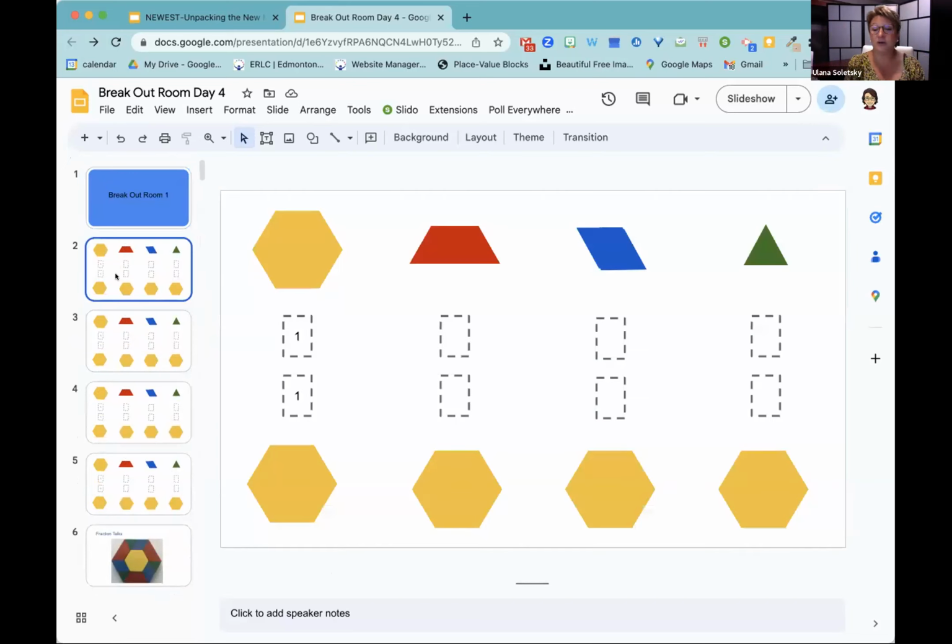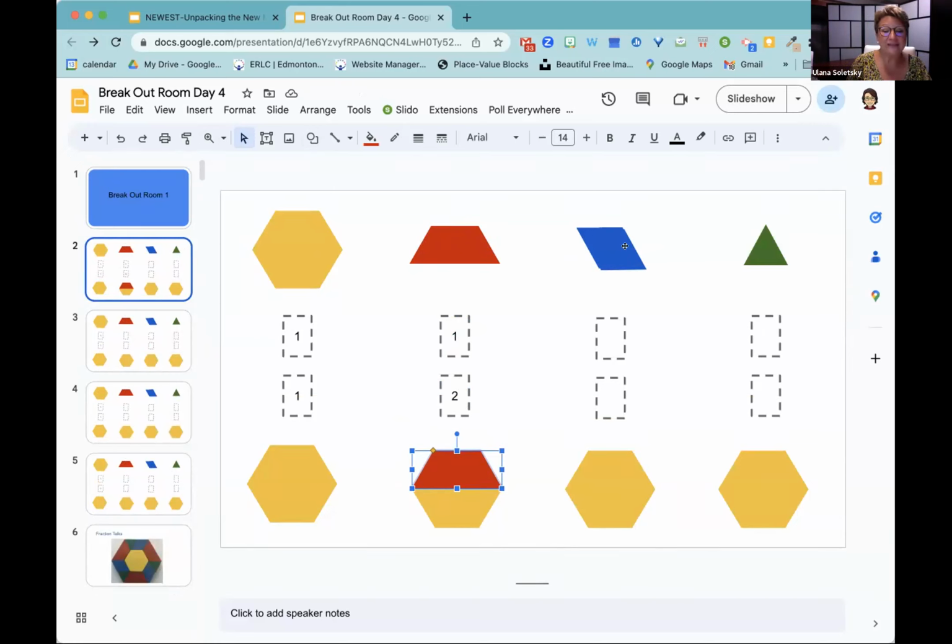I would like you to name each one of these fractions. If the yellow is 1, then the red represents what? And so in here you would write, it represents 1/2. But at the bottom, you're going to prove it to me, how does it equal a half? And it's very easy, you just drag and drop.